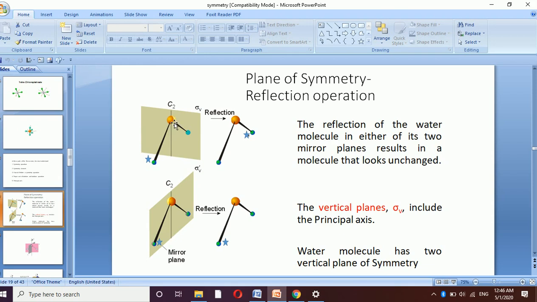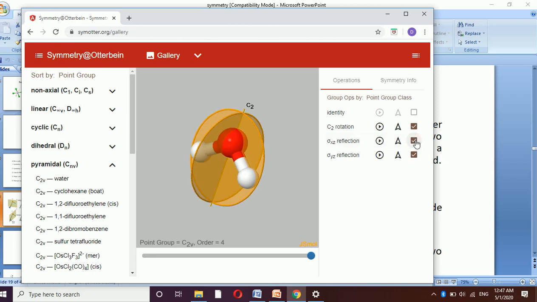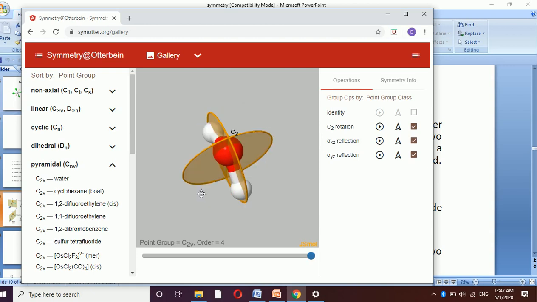The principal axis of the molecule is C2, and these two planes contain the principal axis, the axis which is passing through the oxygen. So both planes of symmetry in the water molecule contain the principal axis.